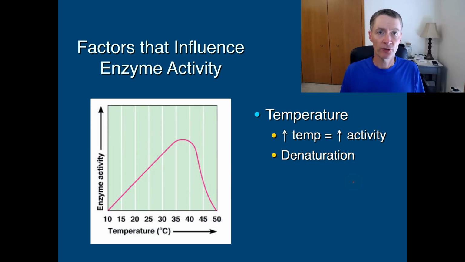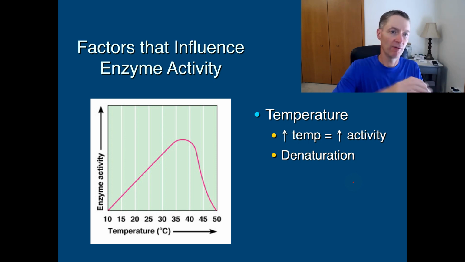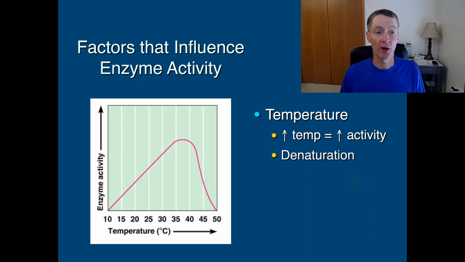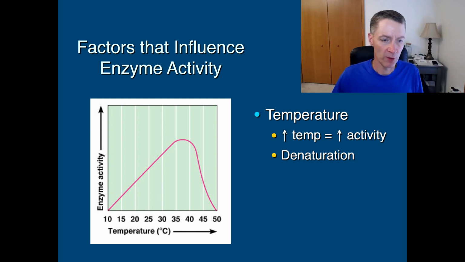And as a result, as we add heat, there will be more instances and opportunities where the active site of enzymes will come in contact with their substrates. So more enzyme movement, more molecule movement would result in higher enzyme activities. So here we see temperature going up, and as the temperature goes up, we see enzyme activity goes up.